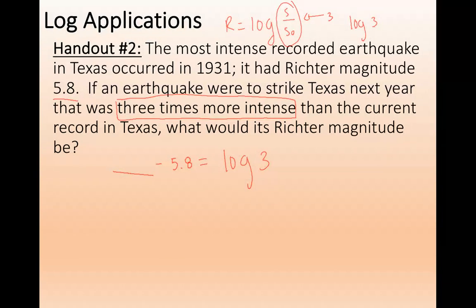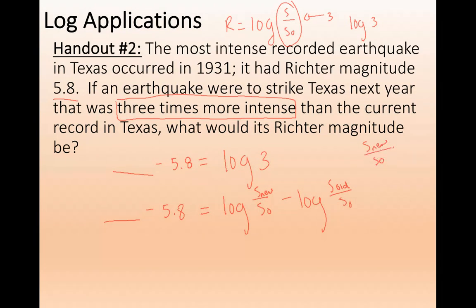I don't need to do this entire piece, but I should be able to subtract them, and that equals log of S sub new over S sub 0 minus log of S sub old record over S sub 0. When you do this and you divide, instead of dividing by a fraction, let's multiply by the reciprocal. Those cancel. I've said that I want it to be 3 times as large, so 3 times more intense should just give me 3.